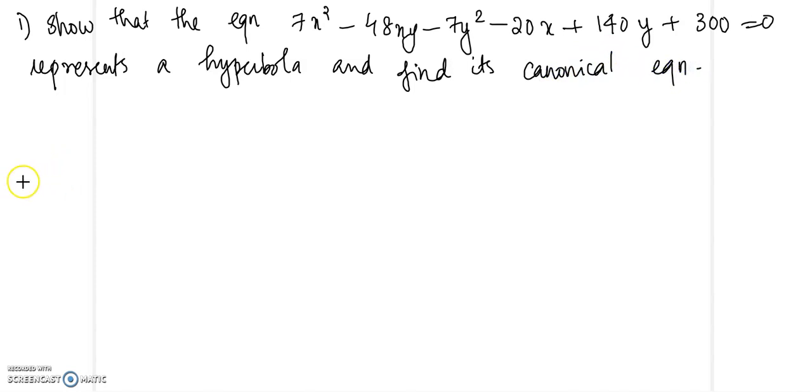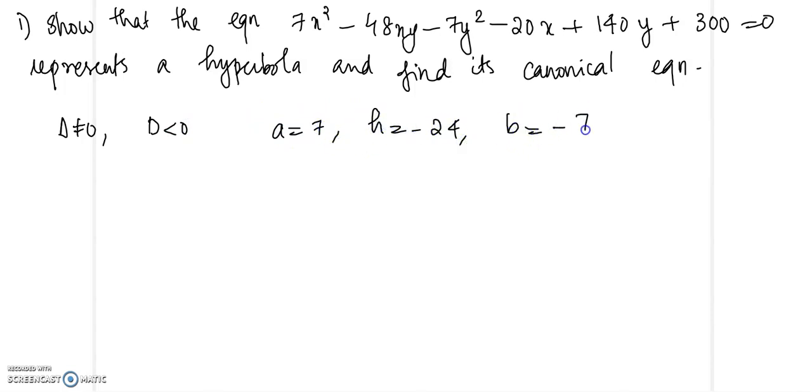So first we need to show that it represents a hyperbola. So delta must be not equal to 0 and d must be less than 0. Here a is 7, h is minus 24, b is minus 7, g is minus 10, f is 70 and c is equal to 300.